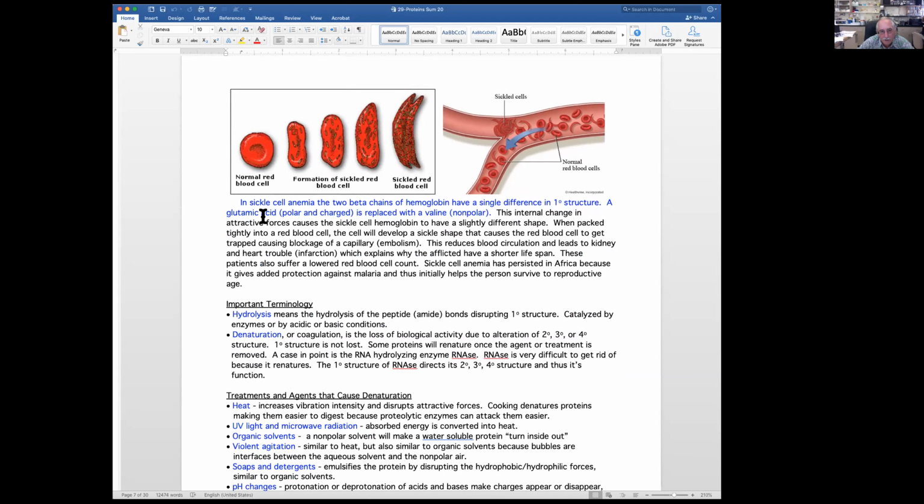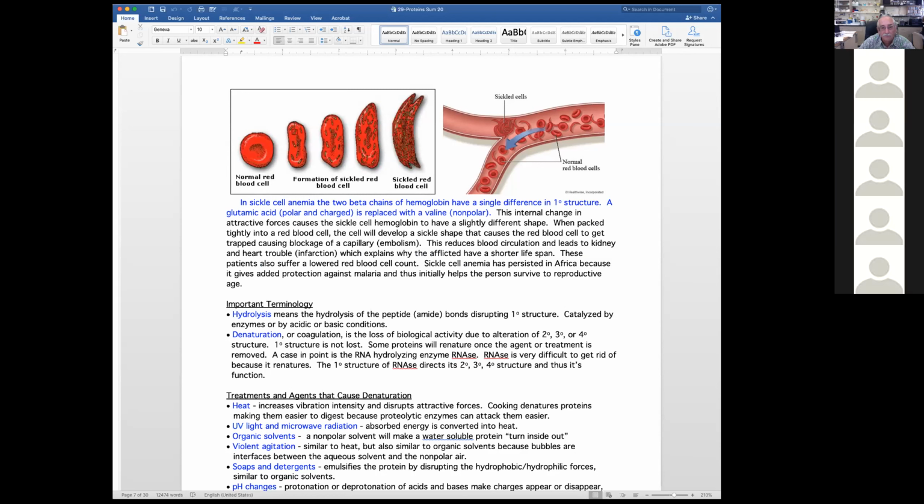If you replace a glutamic acid with an aspartic acid, most likely you'd still have a functional protein. But in this case, you're taking a polar and acidic amino acid and replacing it with a non-polar one. So that causes a change in the shape of the hemoglobin.